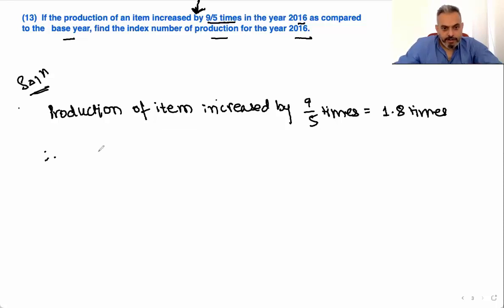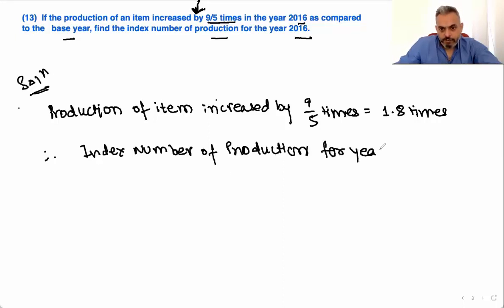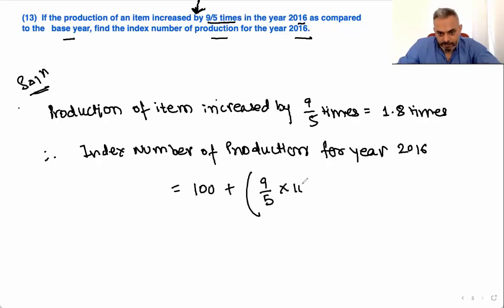Therefore, index number of production for year 2016 is equal to, so 100 is for the base year and the increase is 9 by 5 times into 100, which is 1.8 into 100, which is 100 plus 180, which is equal to 280.